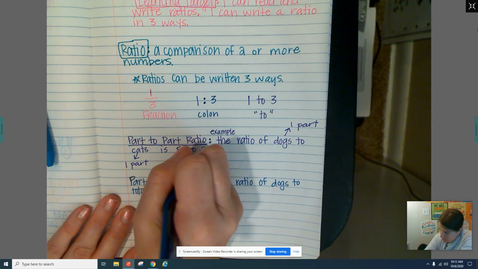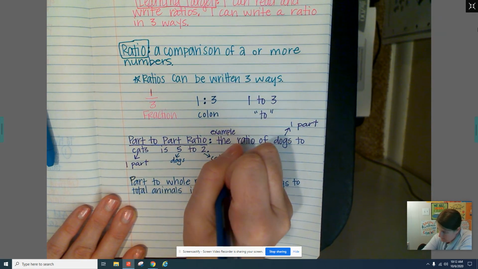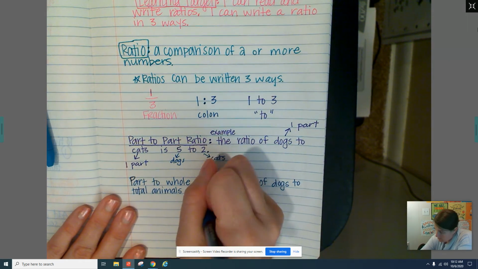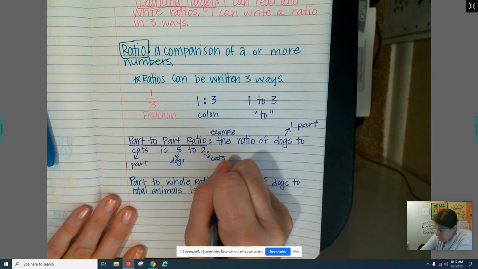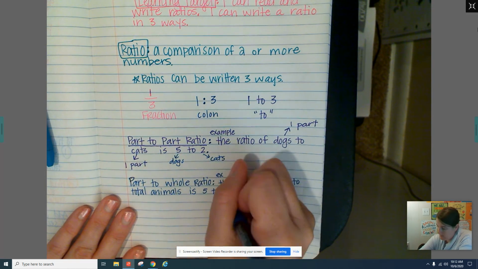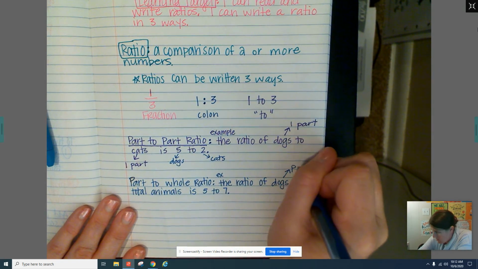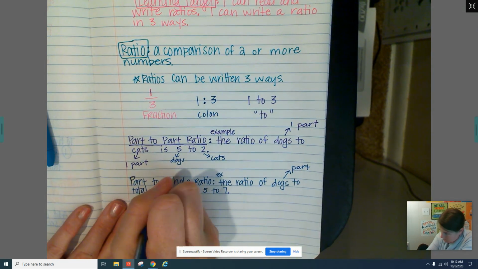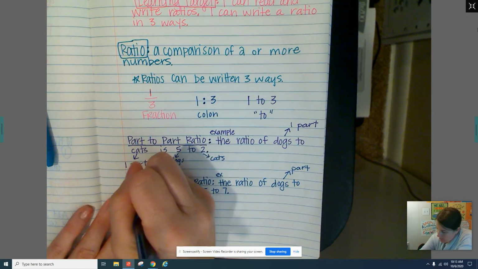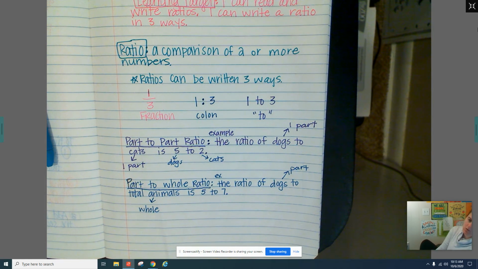That means there's 5 dogs and 2 cats. So the ratio of dogs to total animals, there's 5 dogs, and what's the second number going to be? 7, because 5 plus 2 is 7. It's 5 to 7. So the dogs is a part, and the total animals represents a whole. We'll use that vocabulary part to part and part to whole often, and you just need to make sure that you know the difference.